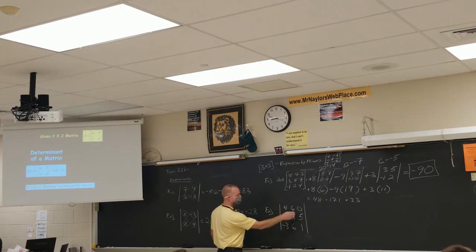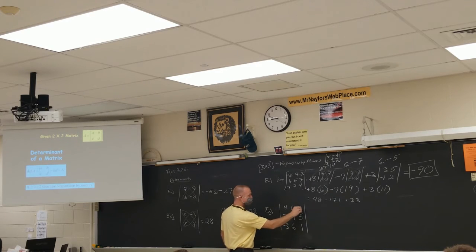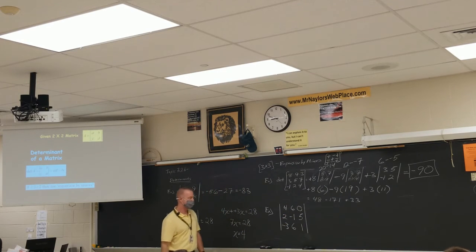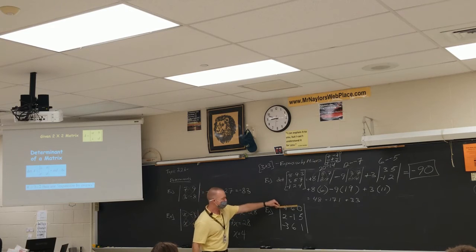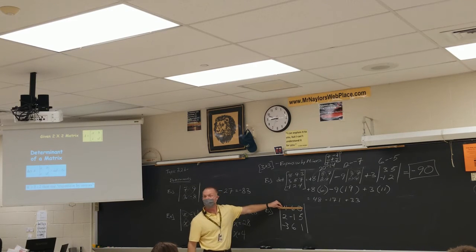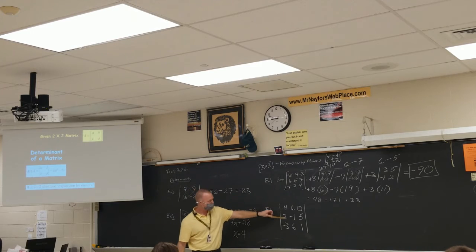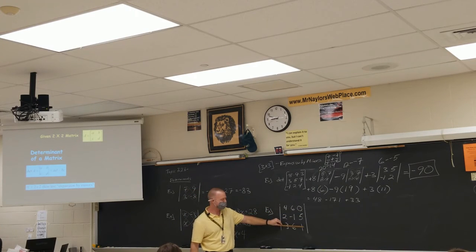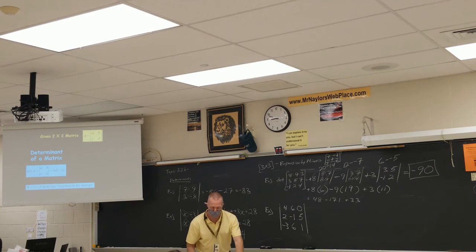I got 460, negative 15, negative 361. Most of you are going to expand the first row. I just have a feeling, which is a good idea. If you're a little more daring and you want to try something different, maybe try the second row or the third row. But try it. I'm going to do the first row if you want to compare the exact same numbers.